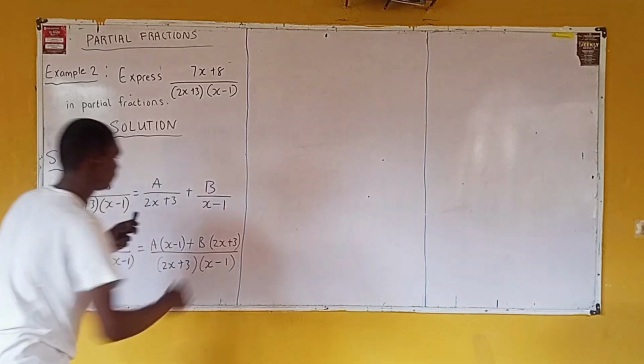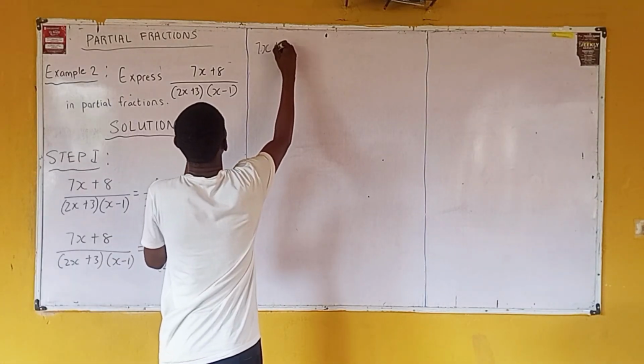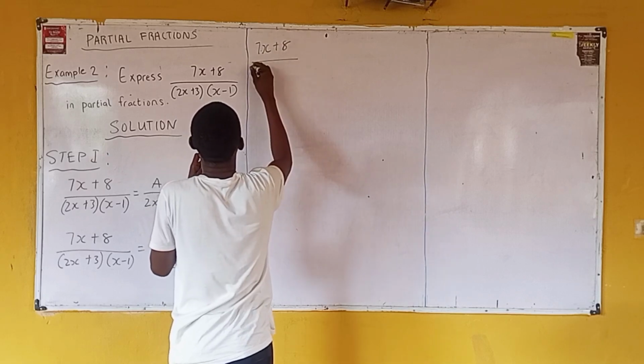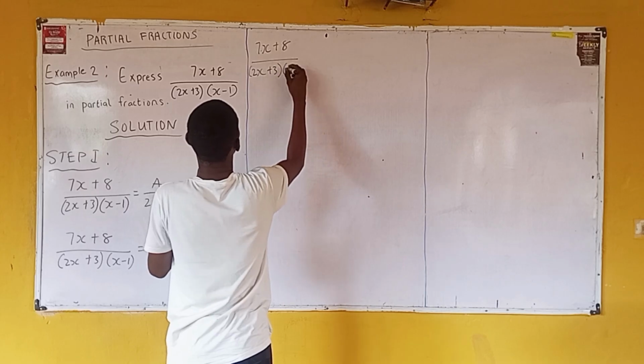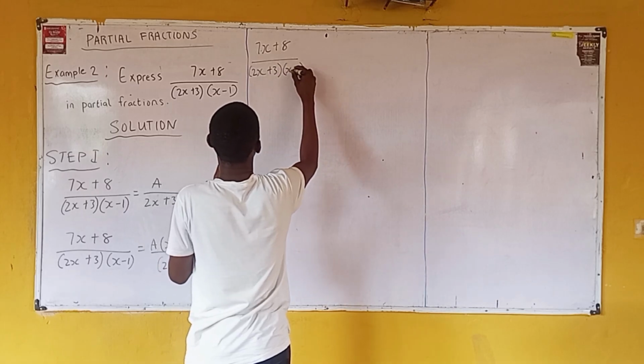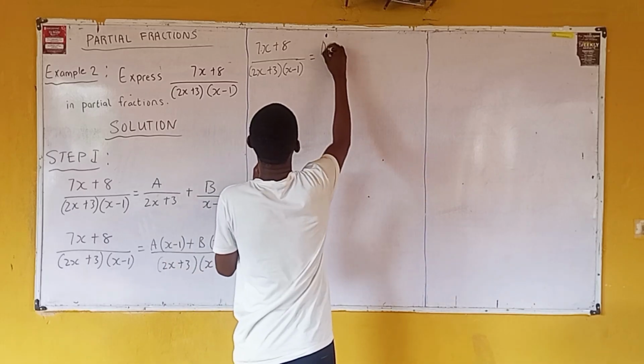Alright? So what do we do next? Bring it out. 7x plus 8 over 2x plus 3 x minus 1, alright, will be equals to ax minus a.